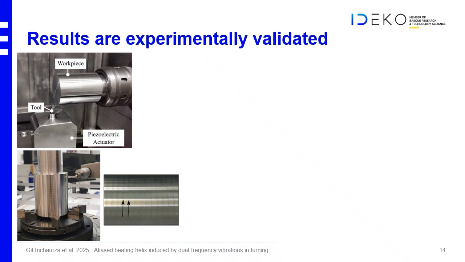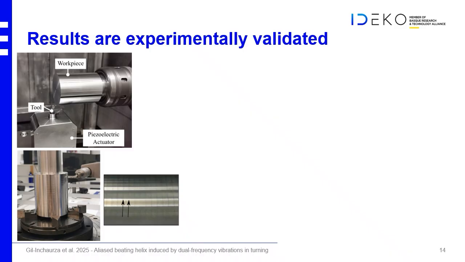We are using an aluminum workpiece to minimize the wear issue and to have a clean cut. We are using a piezoelectric actuator below the tool so that we can impose a given frequency and amplitude vibration, so that this vibration will be dominant and clearly mark the workpiece surface.